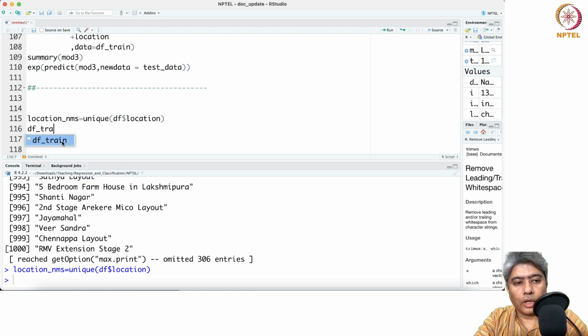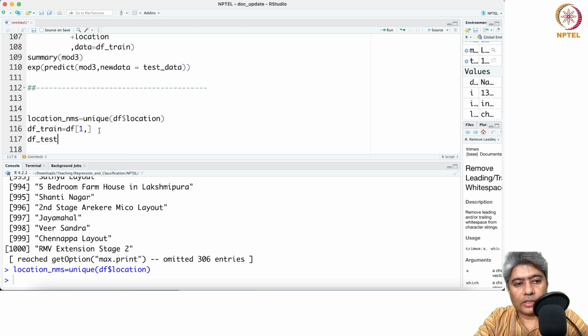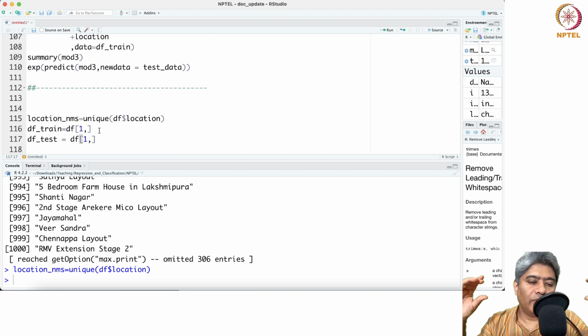First, location names equal to this, and I put it there, so I have all the names. Then df train equal to df1 and df test equal to df1. Later I will drop this first row; I just need a data structure, a framework.